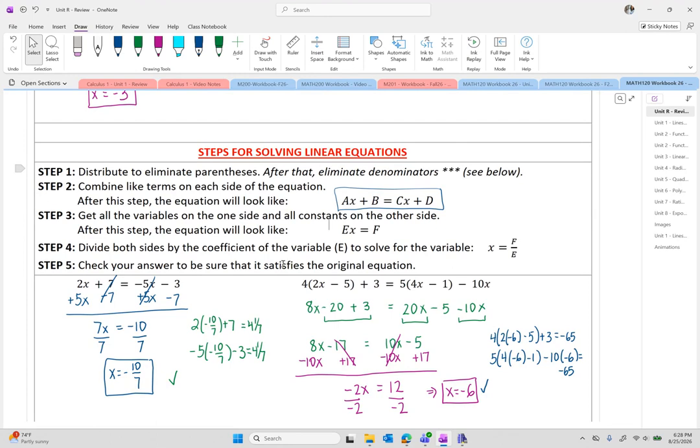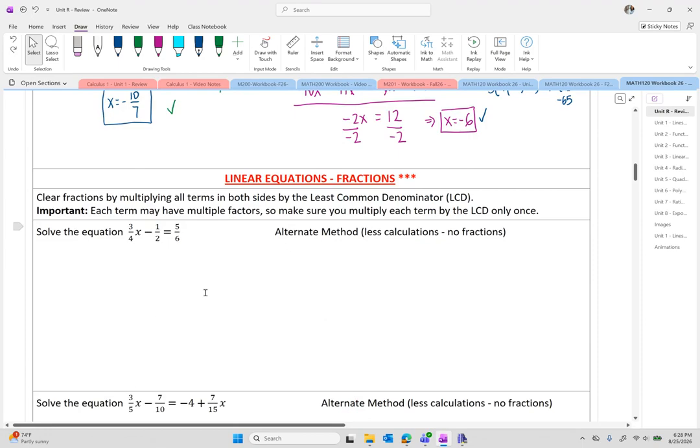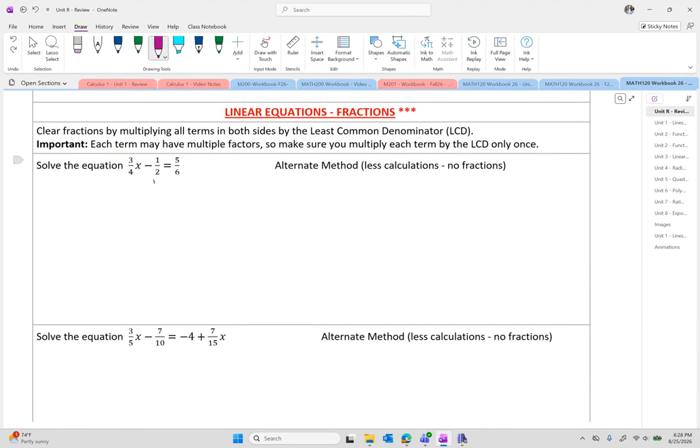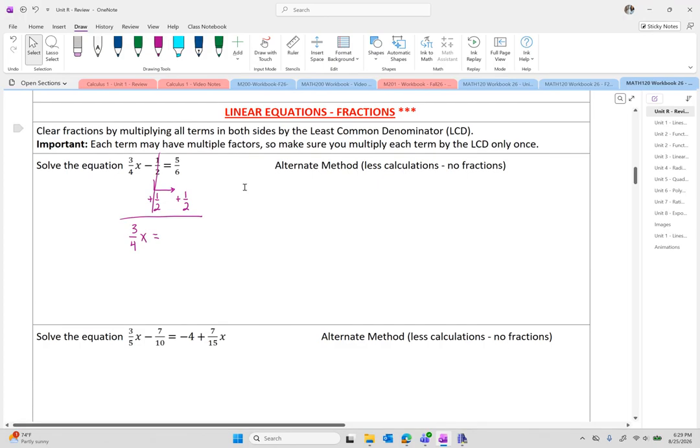Since I can use my calculator, I will be able to do that. The way to do it would be to just move the 1/2 to the right by adding 1/2 to both sides, and you will get 3/4 x equal to 5/6 plus 1/2.